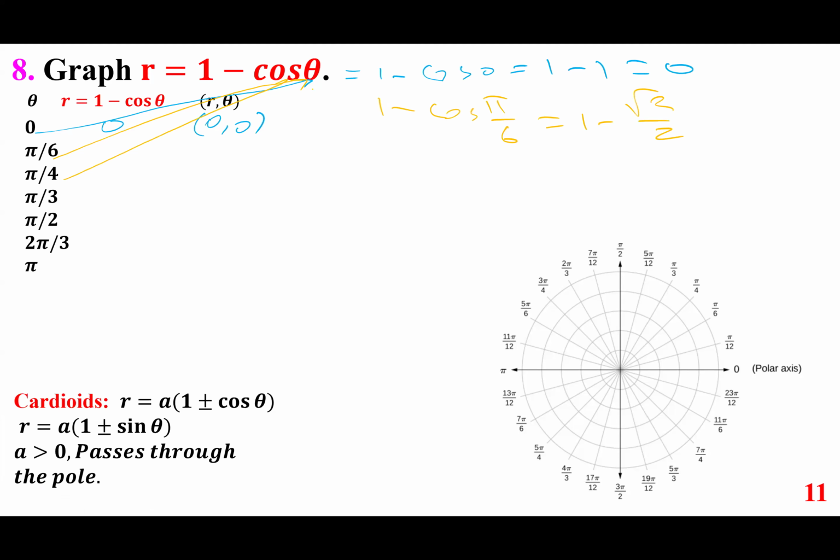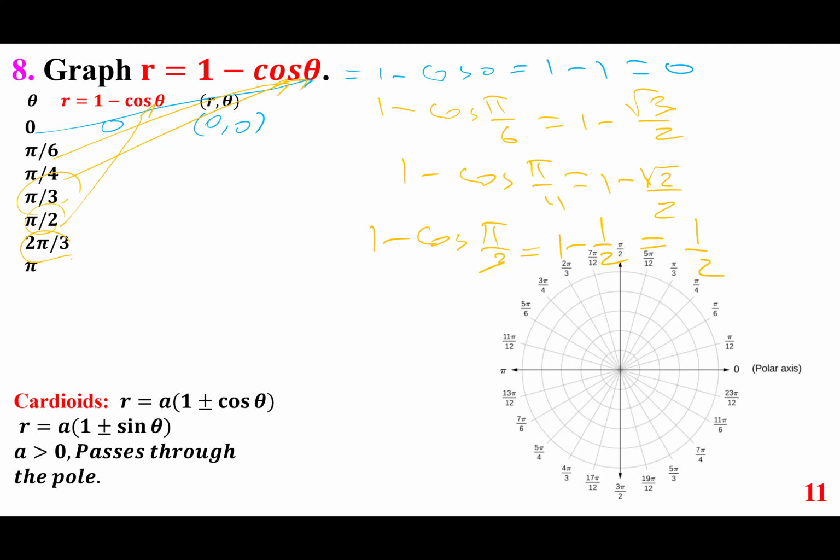If I put pi over 4, 1 minus cosine of pi over 4 is 1 minus square root of 2 over 2. Now, pi over 3 is easy. 1 minus cosine of pi over 3 is 1 minus 1 half, which is 1 half. For pi over 2, cosine is 0, so it gives you 1.